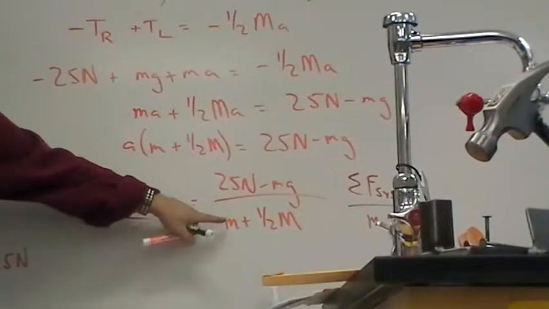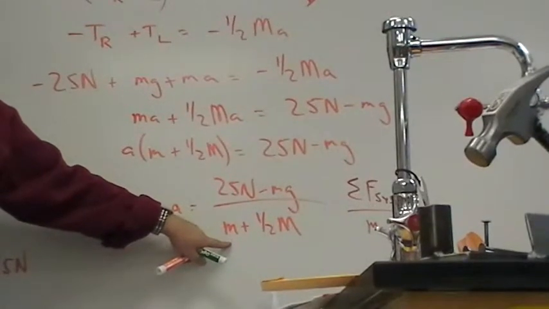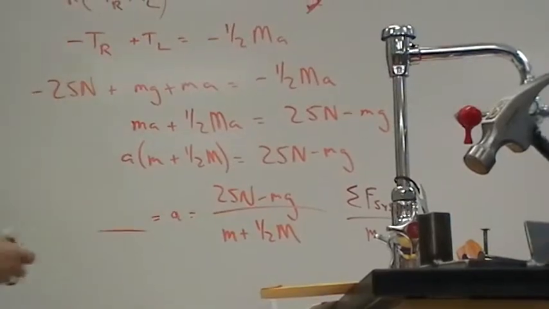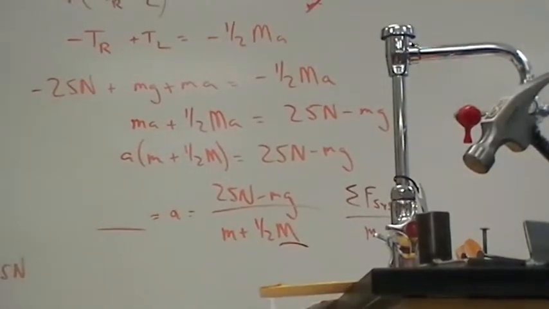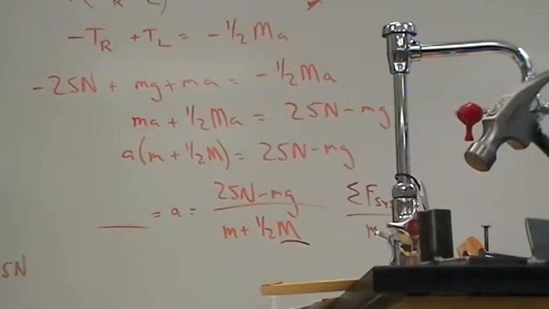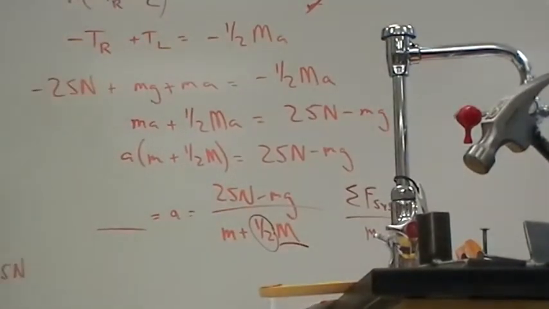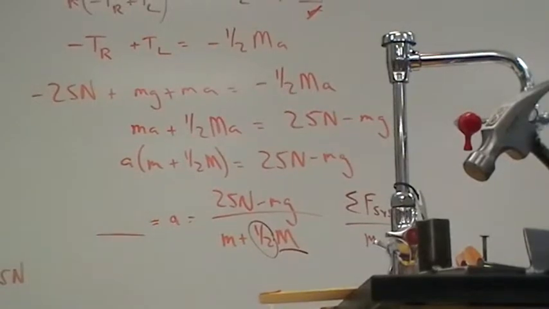I see the total mass of the thing moving translationally, and I see the mass of the thing rotating times what? Times 1/2. But what does that 1/2 represent? The moment of inertia coefficient.